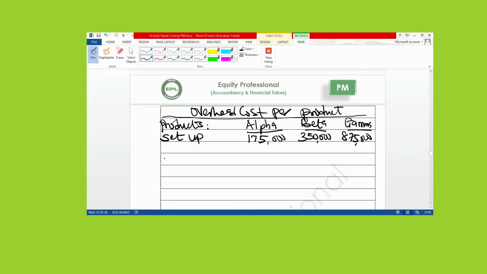I will move to machine. Here, 4.5 million. Here, 3 million, 375. Here, 1 million, 125,000. Correct. Then we move to goods inward.